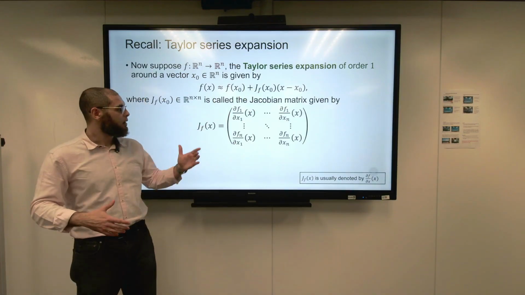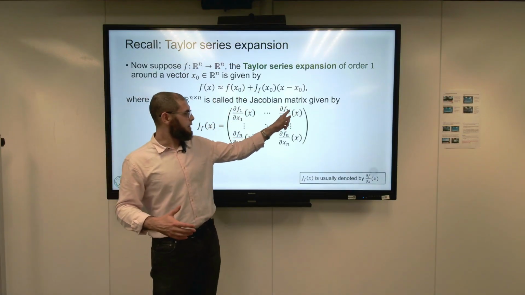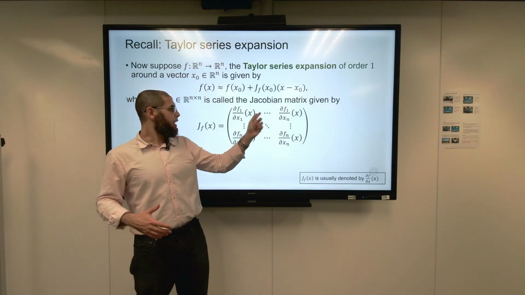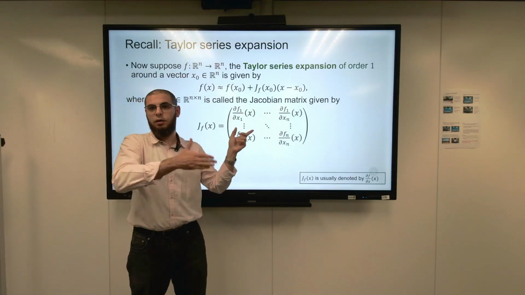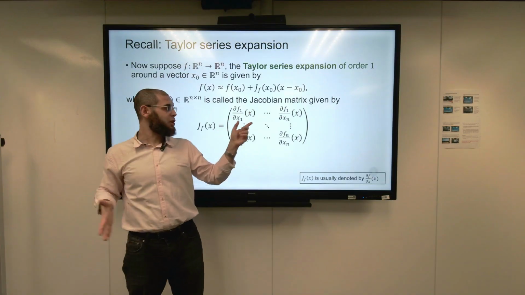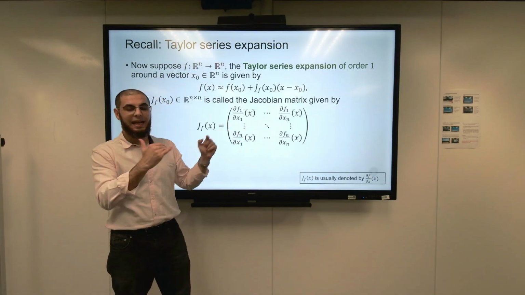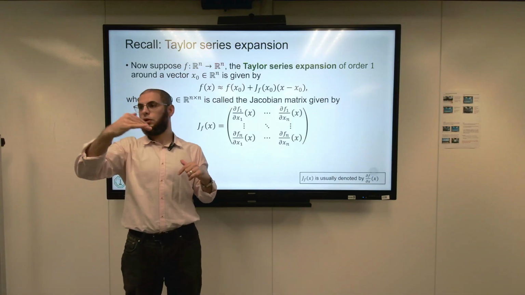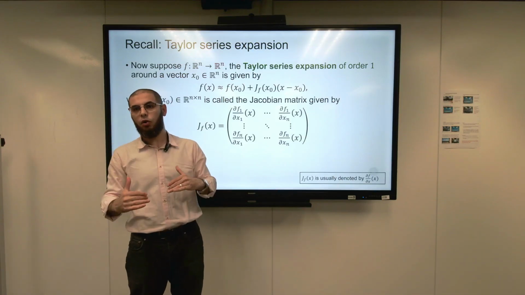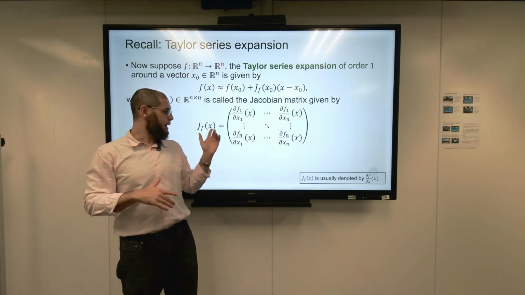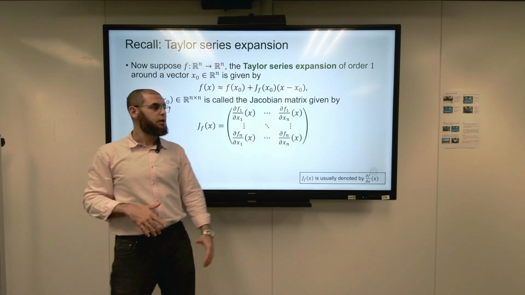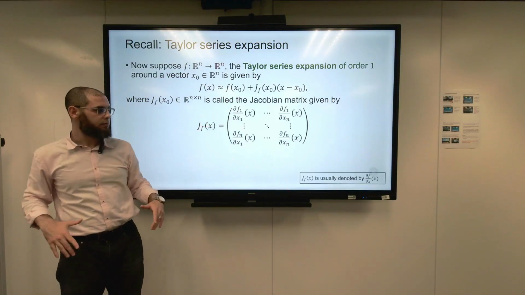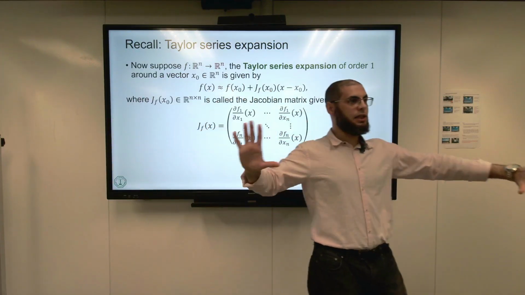In the first row is partial f1 by partial x1 up to partial f1 by partial xn. In the second row, I have partial f2 and so on. And in the nth row, I have partial fn by partial x1 and so on. So you just make up this matrix, and you call this the Jacobian matrix.